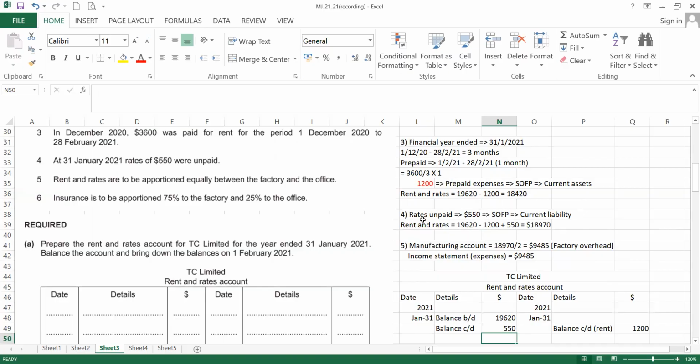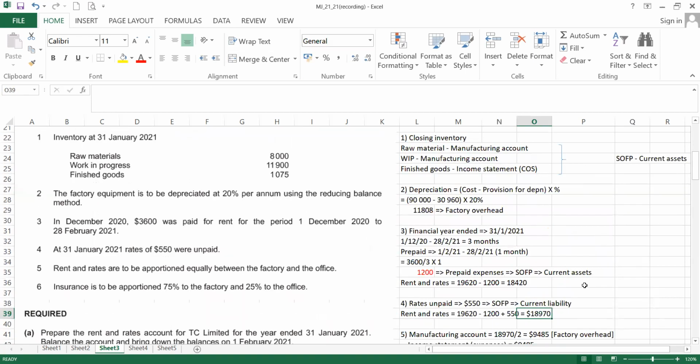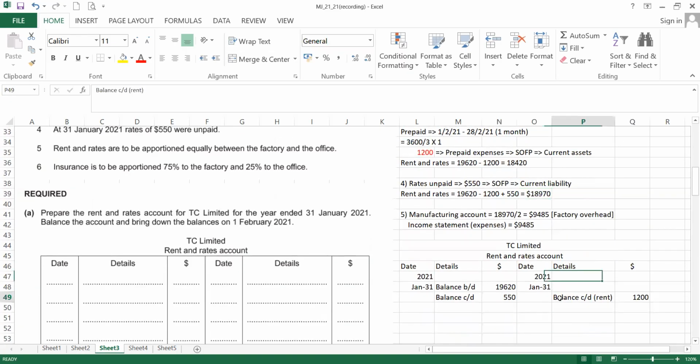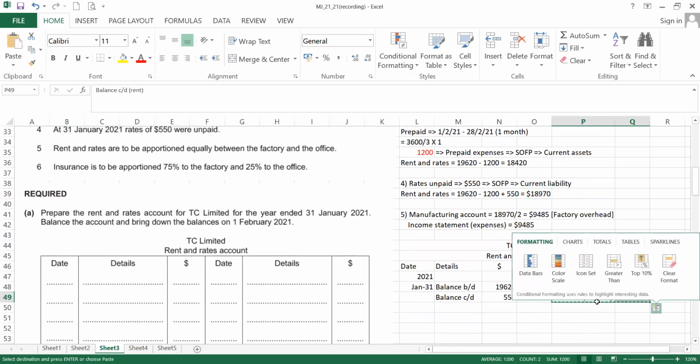Now the whole year, based on the calculation, this is the amount we get. Because they want to split into two, this total amount we have to split into two. So I need to create two lines.